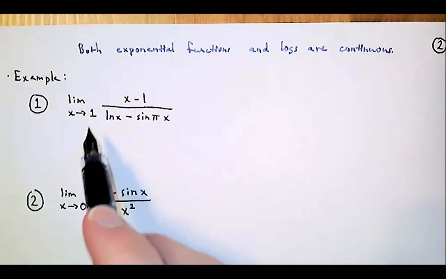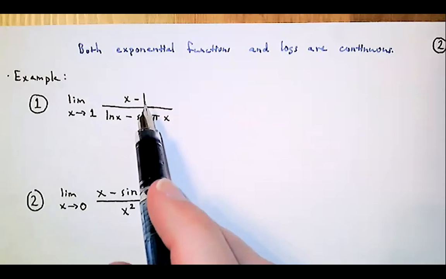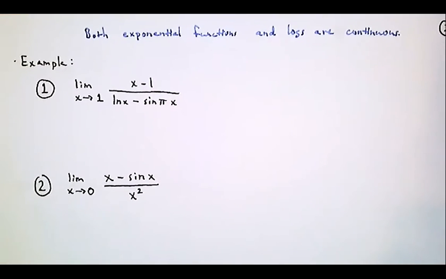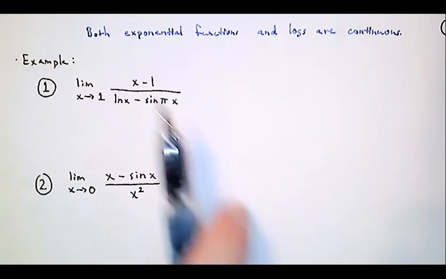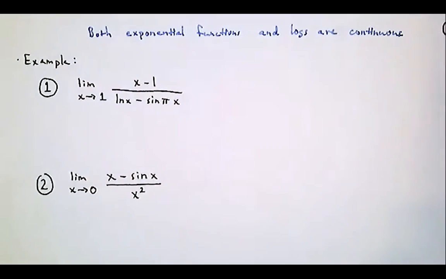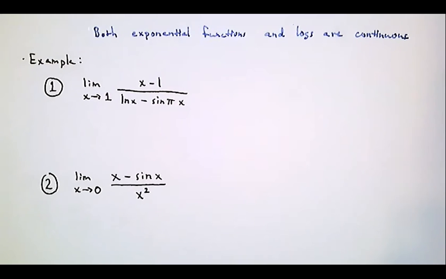So we should be able to just plug in 1 in this limit. I didn't stress this in class, but you might remember we drew graphs for all of these kinds of functions, or I used the computer to produce graphs, and we could see that they were smooth functions.